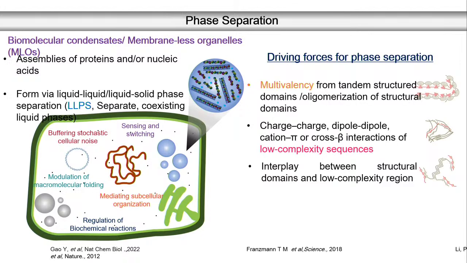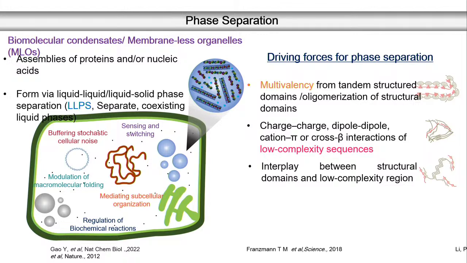As was just discussed in the last talk, you can have a series of interactions just like any molecular process: charge dipole, cation-pi, van der Waals interactions. All of these can play a role. On top of that, you have an interplay between structural domains and low complexity regions, meaning those regions that are well folded and those that are disordered in solution.